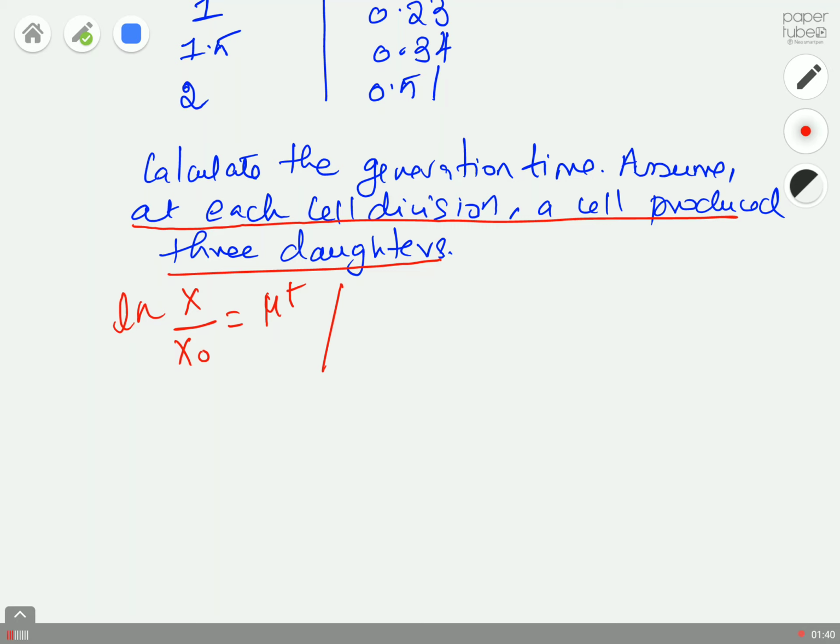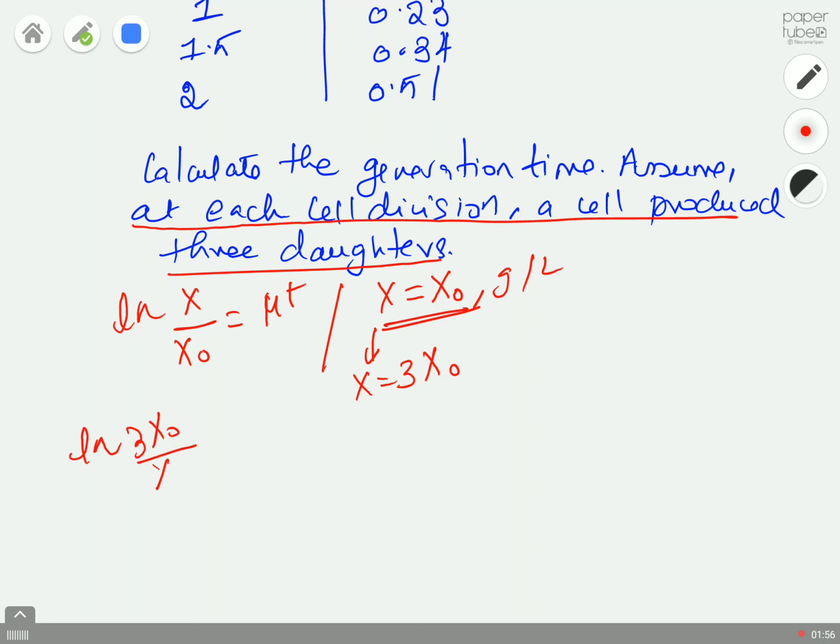If we start our experiment with X0, our initial microbial concentration, then after the first cell division X will be equal to 3 times X0. Which means ln of 3X0 by X0 will be equal to mu multiplied by T, the cell generation time.